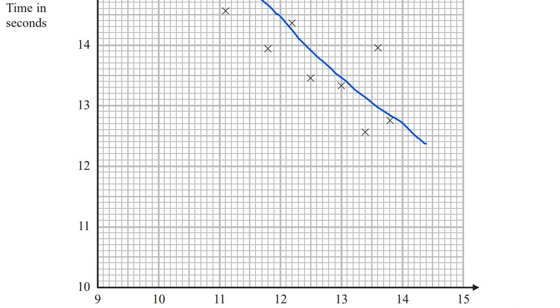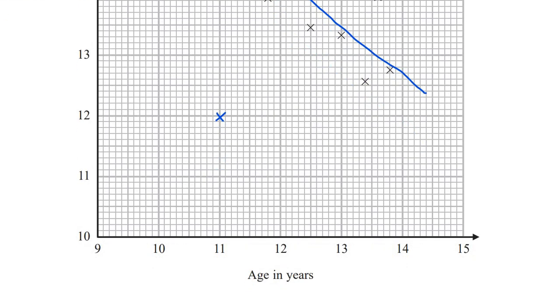So you would need to plot her data at 11, and then 12 seconds is right here. So this is where you would need to plot Christina's data, and this is definitely nowhere close to the rest of the data. So that is why this is going to be called an outlier.